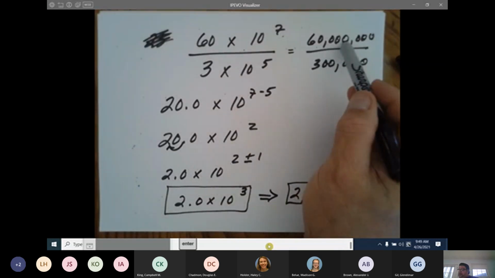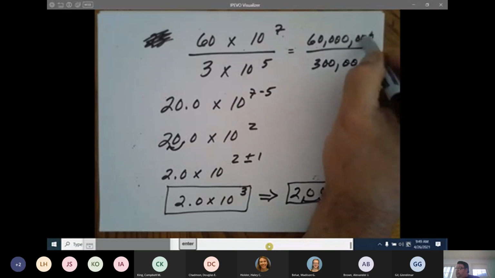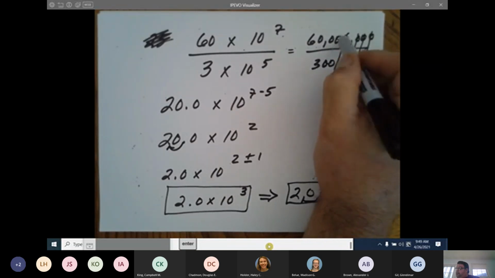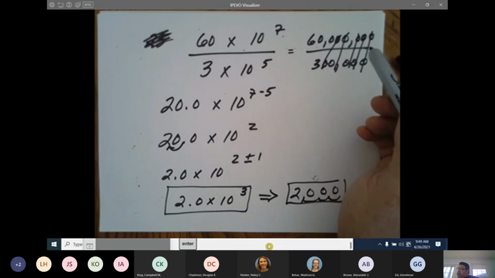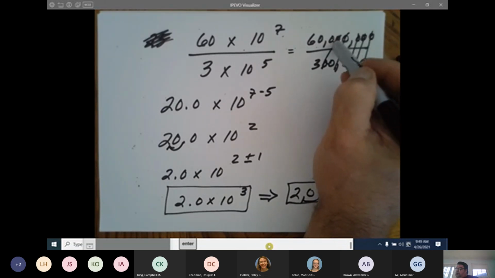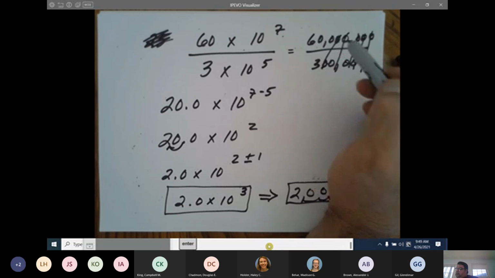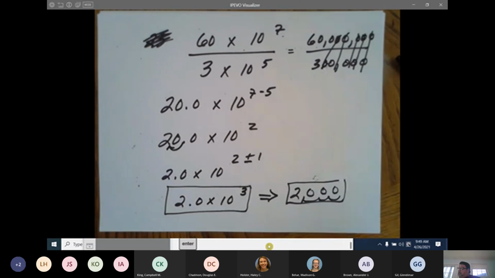So 60 million divided by 330,000 is 600 divided by 3. Well, that's not right. I think I got a 0 off. Wait a minute. 1, 2, 3, 4, 5, 6, 7. 1, 2, 3, 4, 5.